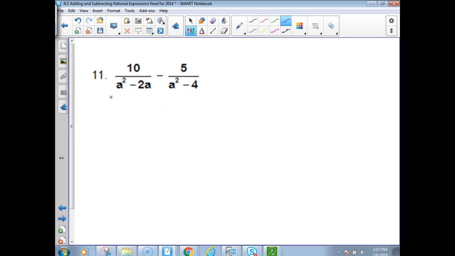Factoring the first denominator, you would factor out an a. That'd be a times a minus 2. The second one would be a minus 2 times a plus 2. The LCD, a times a minus 2. I look at the second denominator. What's new is an a plus 2.